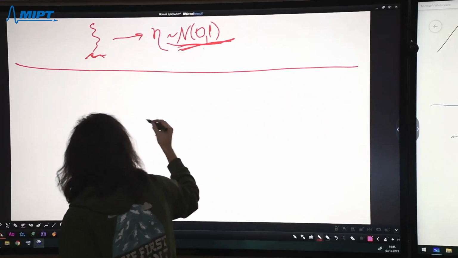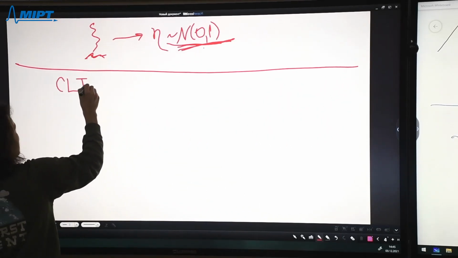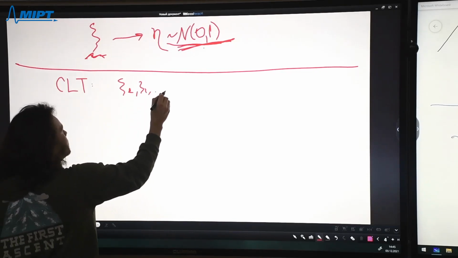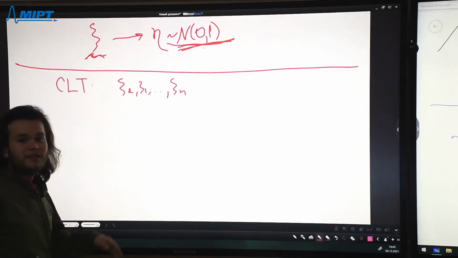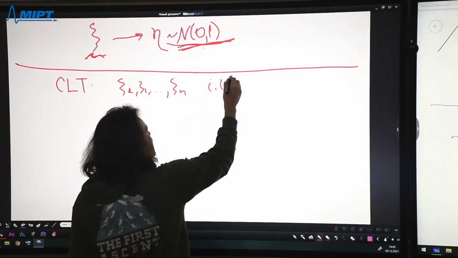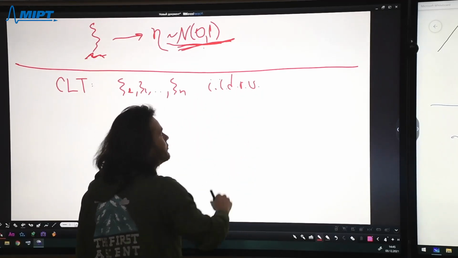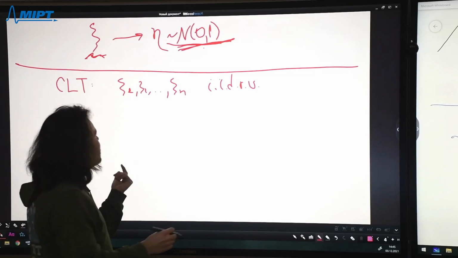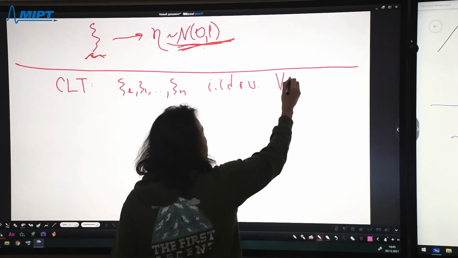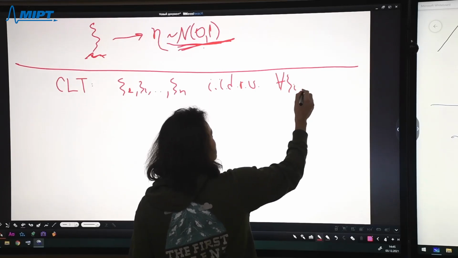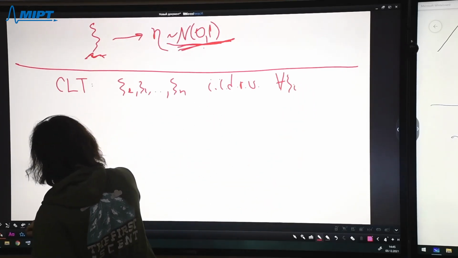So now let me state the central limit theorem. We have psi 1, psi 2, ..., psi n, a sequence of independent, identically distributed random variables.